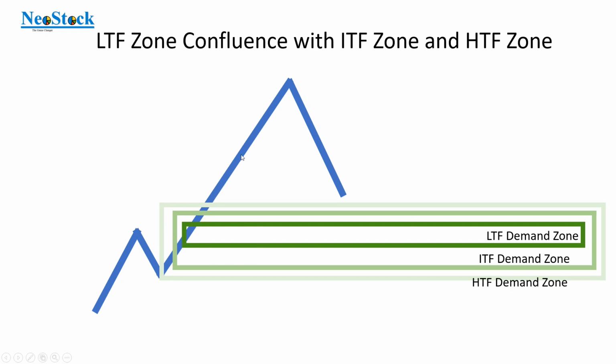Prices moved up and no ITF zones are created here. No ITF demand zones are created. Prices moved from here to some extent, again coming down. While coming down, because there are no ITF demand zones, obviously there is no zone violation. That means the trend won't be changed. Now prices come to this fine-tuned area. Definitely you take a trade.